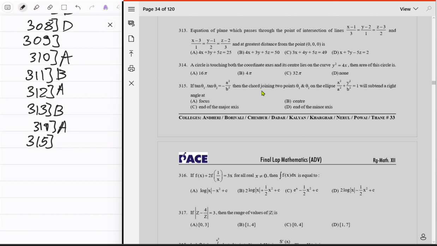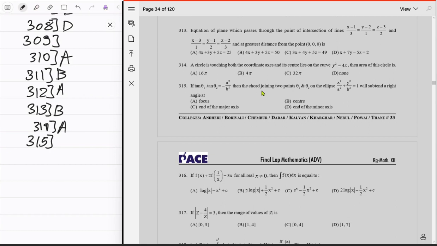Focus, end of major axis, center, end of minor axis. Right angle, okay, wait, think about it, probably the center or something. जो दो पॉइंट्स, ओके, सेंट्रिक एंगल से उनके, राइट, अच्छा अगर उनको सेंटर पे राइट एंगल सेपरेट करा दें, what should happen?